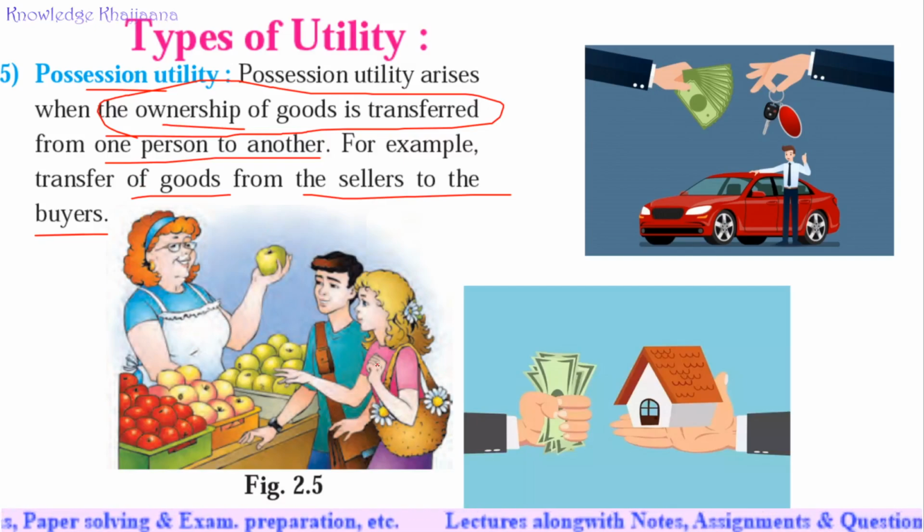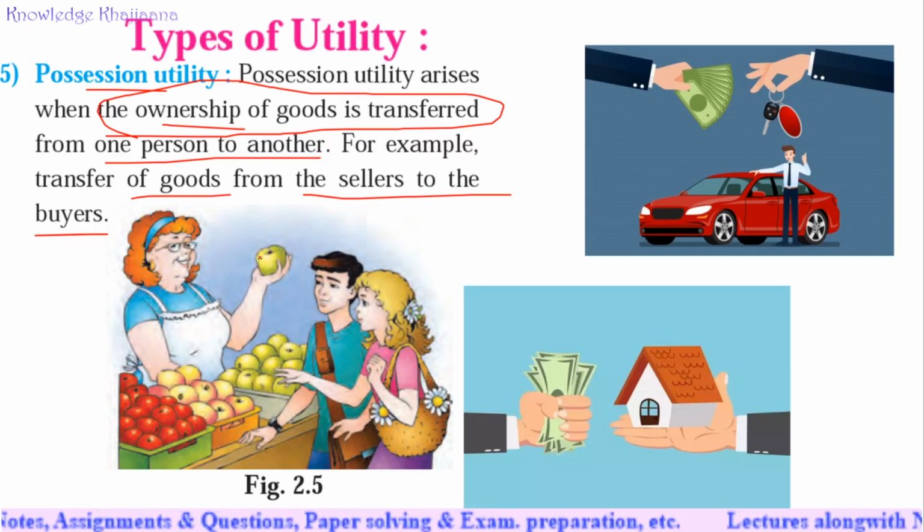And when they get the utility, see, if the fruits are lying here only in the fruit stall, very nice fruits, does it give any utility to the customer? No. The customer will get the utility only after they purchase it.